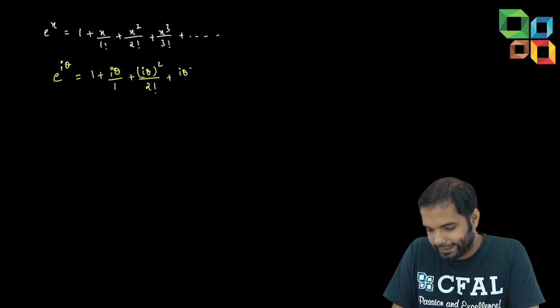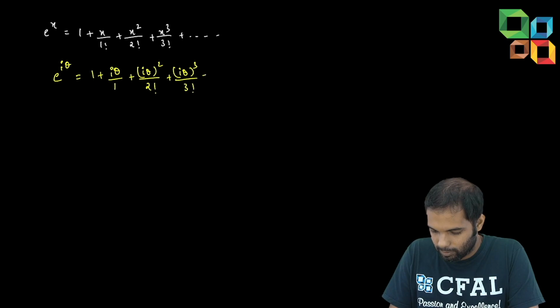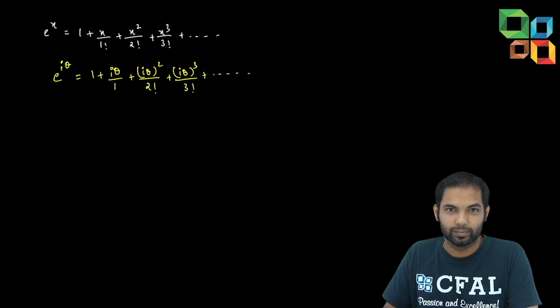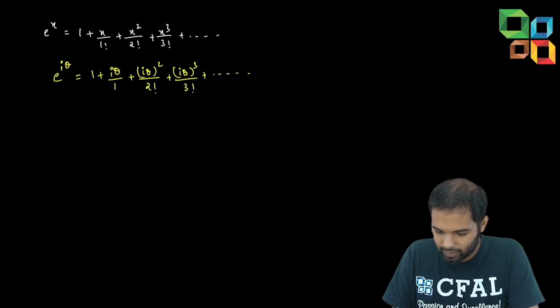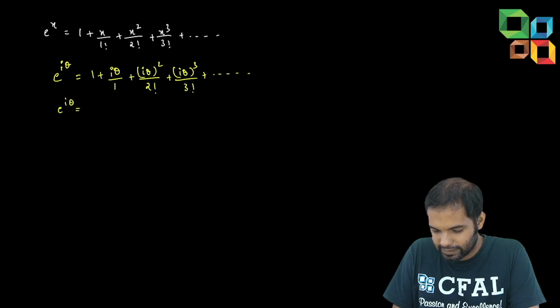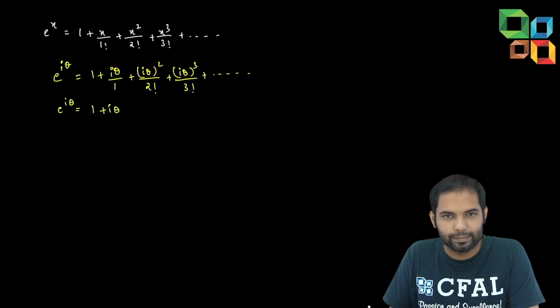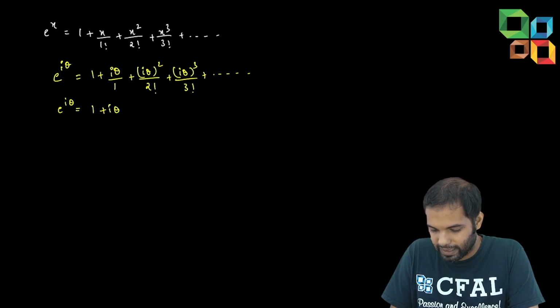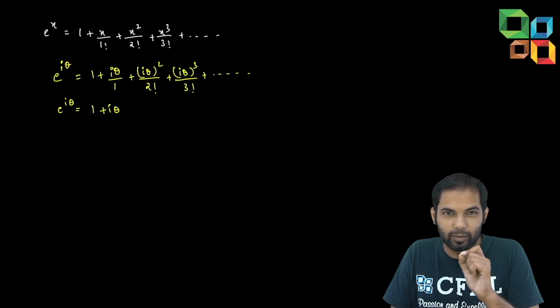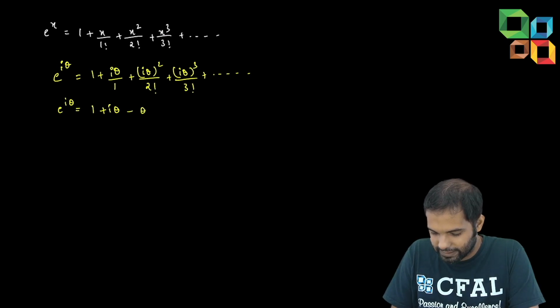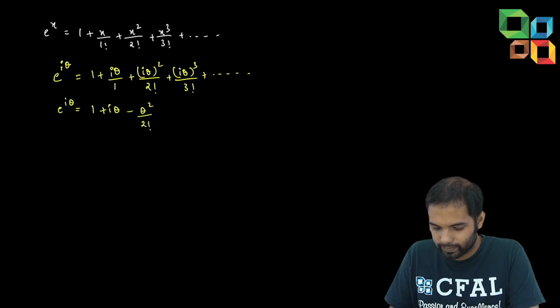Then i theta whole cube by 3 factorial. Plus so on, it continues. Now what is e power i theta? Let us try to simplify. So i remains as it is, i theta. The next term would be i square, and i square is nothing but minus 1, so minus theta square by 2 factorial.